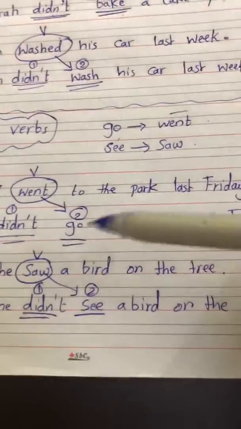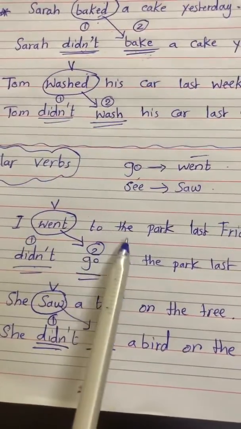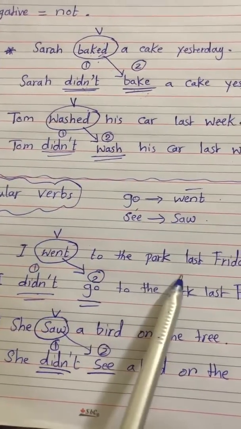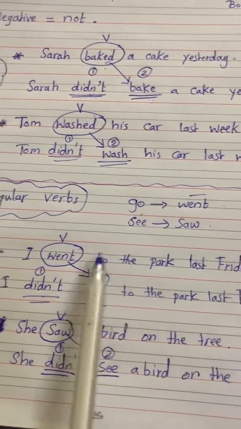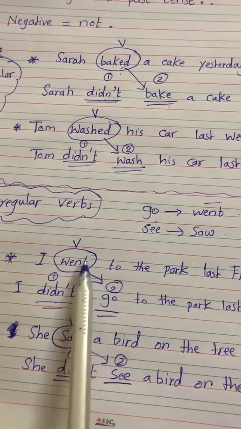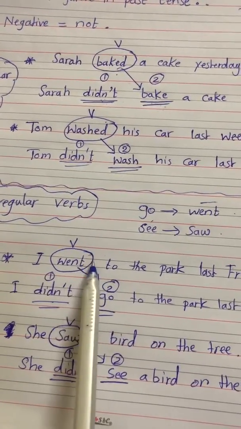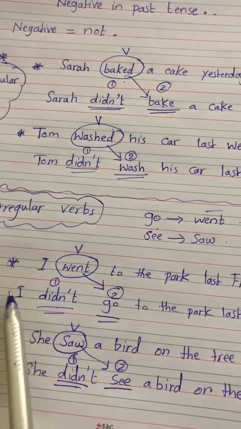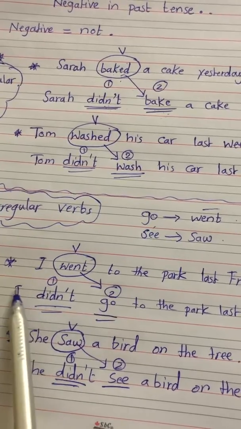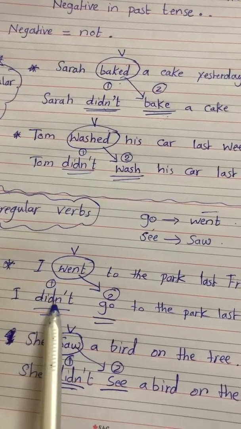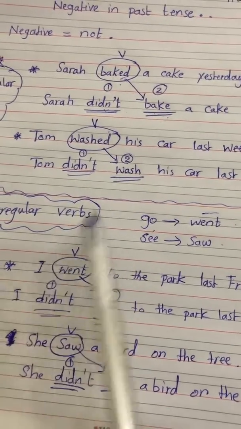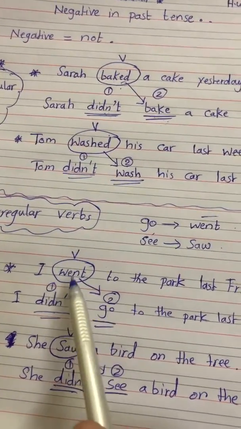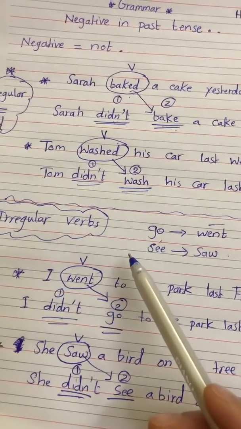Look at this example. I went to the park last Friday. Here, if I want to change this sentence into negative form, I will write didn't, the same like regular, but here went, there is no ed in it.